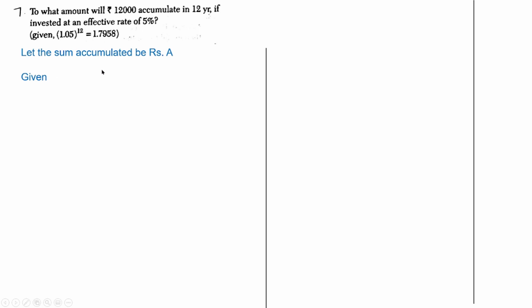So here let the sum accumulated be A. This is the usual compound interest formula that we have studied, A is equal to P into (1 plus R by 100) the whole raised to N. Using the same formula, we can find A. Given P is equal to rupees 12,000, N is equal to 12 and R is equal to 5%. We have taken, let the sum accumulated be rupees A.